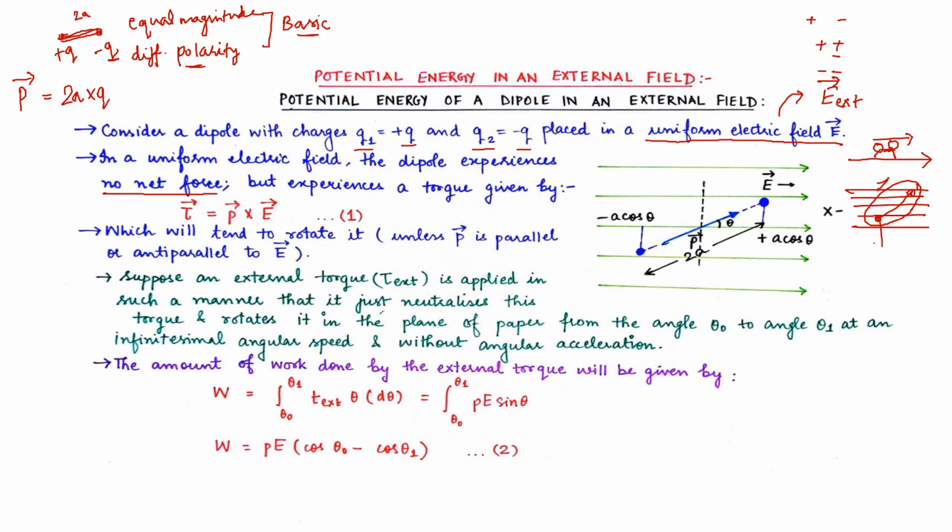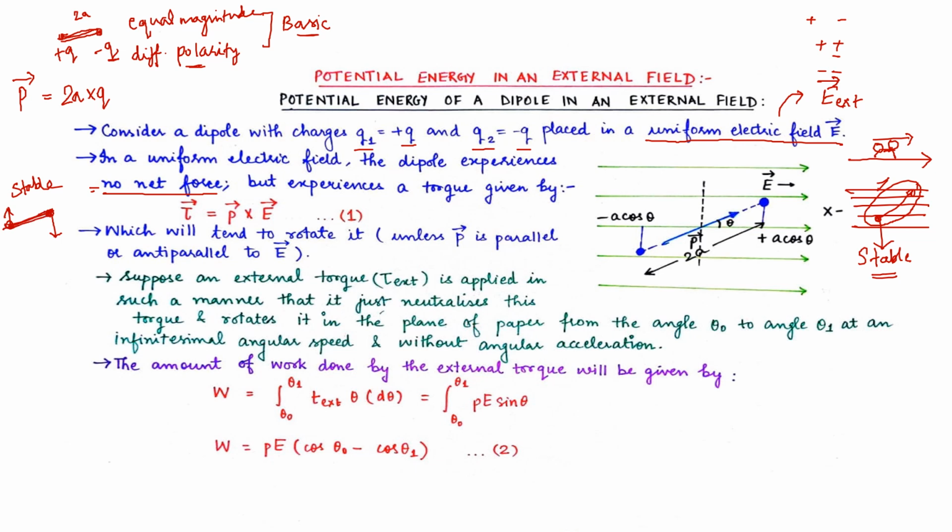The dipole will become a stable dipole. So in uniform electric fields, a dipole tends to take a stable position. Though there is no net force, because it became stable, it is not exerting any force in a downward or upward direction. It is stable in this particular position.